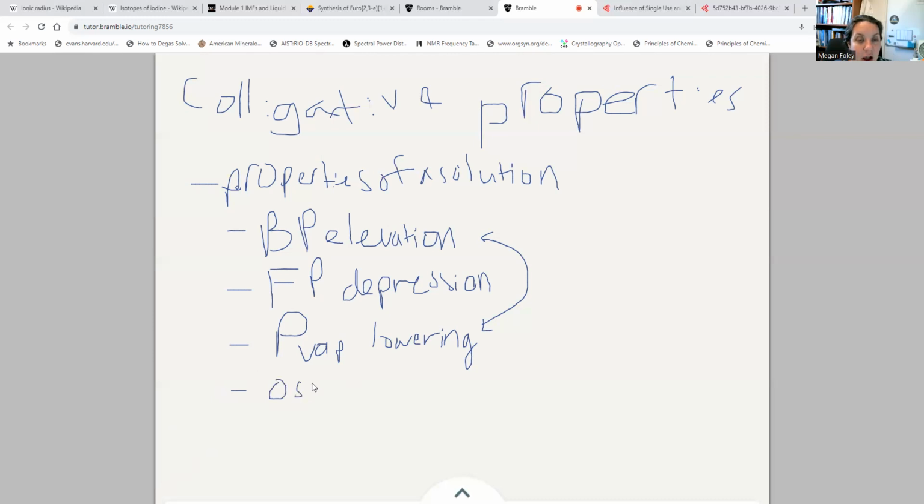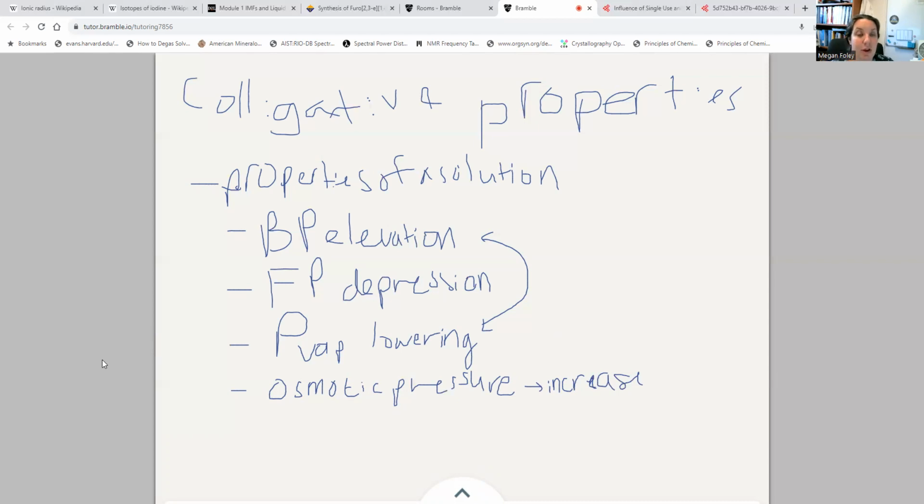And then we also have osmosis or osmotic pressure. It's not like a specific name for this colligative property, but our osmotic pressure is going to increase for a solution. Osmotic pressure is the pressure that a solution exerts when it is undergoing osmosis.